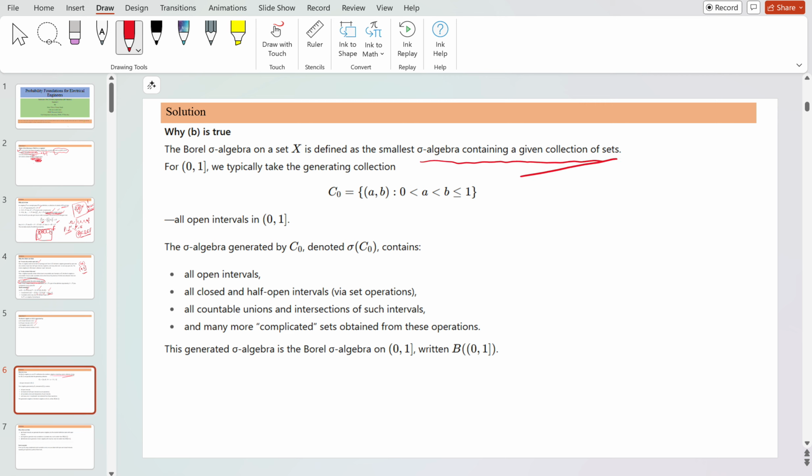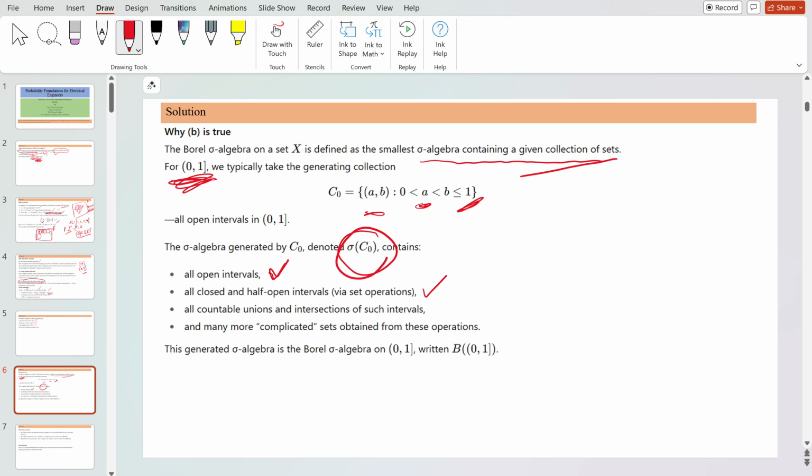Suppose I'm taking 0 and 1, which typically generates a collection such as (a, b), with a belonging to 0 to b and b between a and 1, meaning all open intervals in 0 and 1. The sigma algebra generated by C naught is denoted by sigma of C naught. It contains the open intervals.